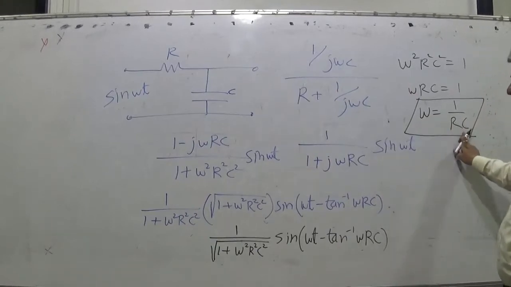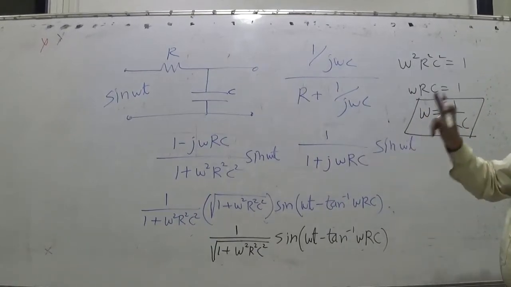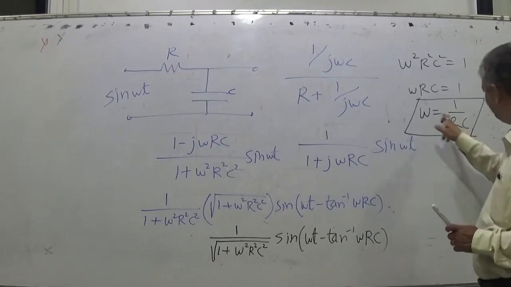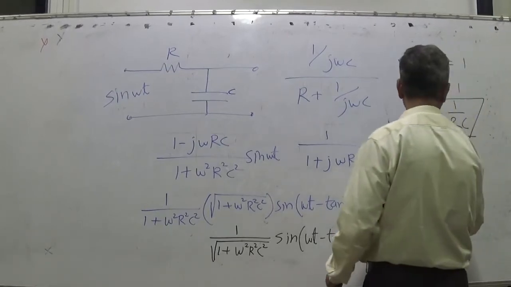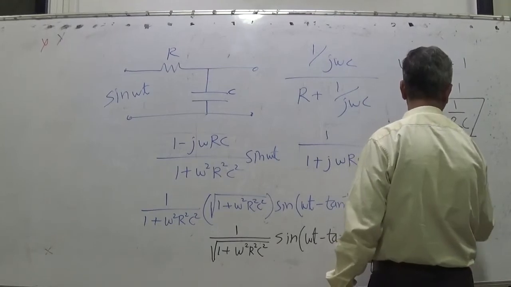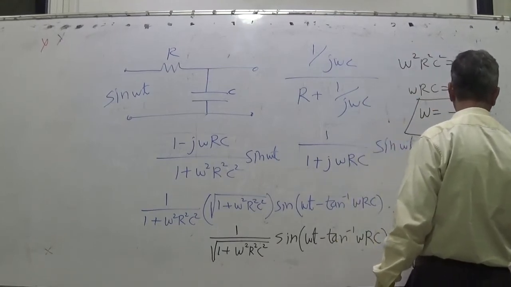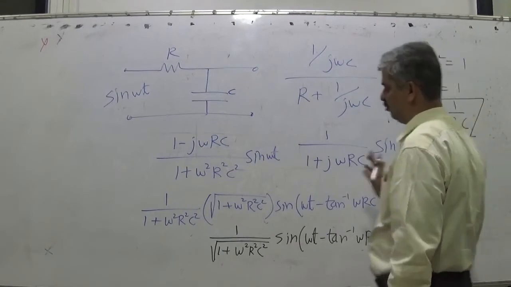At omega equal to 1 upon RC, the gain of the filter becomes 1 upon root 2. So this frequency 1 upon RC is called the cutoff frequency and is given the term omega c. So RC is 1 upon omega c.